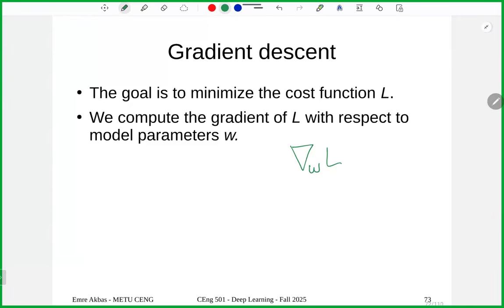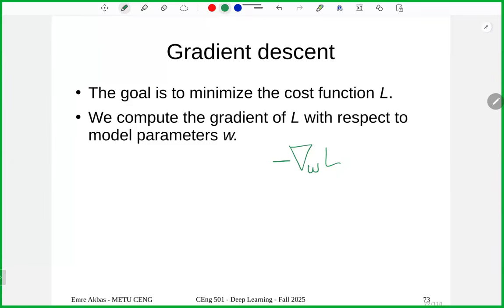And this is the direction of increase with respect to all the variables. And if you use the minus of this, the other direction, this gives you the direction of the steepest decrease.